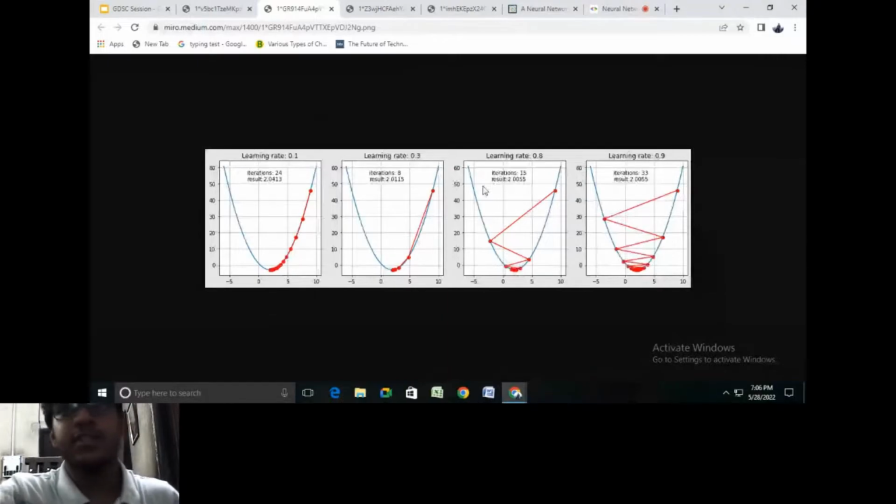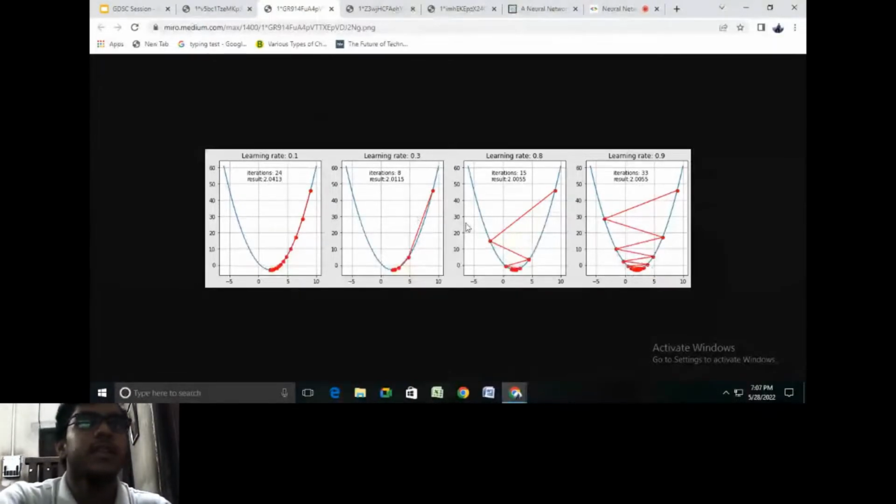And in the fourth case, it takes 33 iterations. We are constantly shooting over to the other side. Since the learning rate is this big, even with a small magnitude of the gradient, the actual length of the step taken is quite big. So in every iteration, we overshoot the minimum by a large margin.